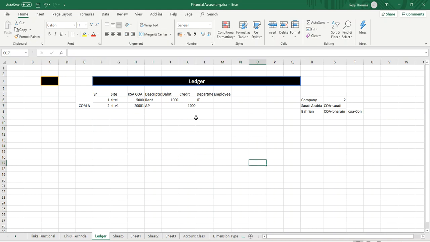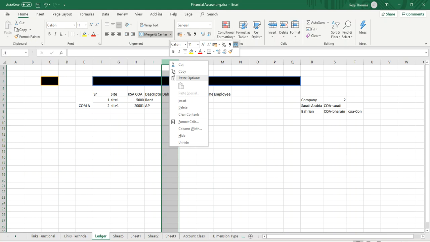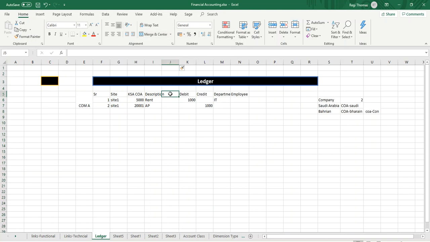It's not the right way. Instead, the system will give you another selection for your consolidated ledger or chart of accounts, COA CON.